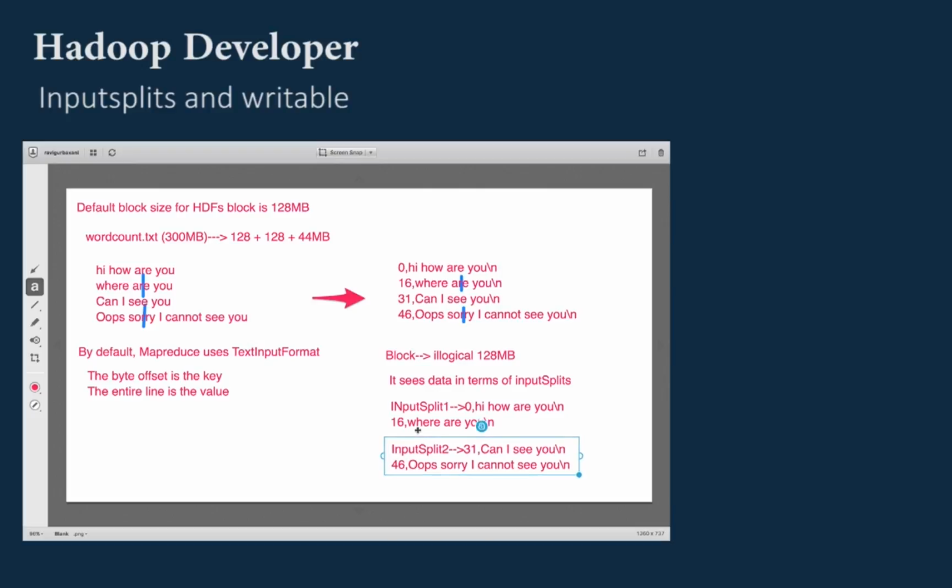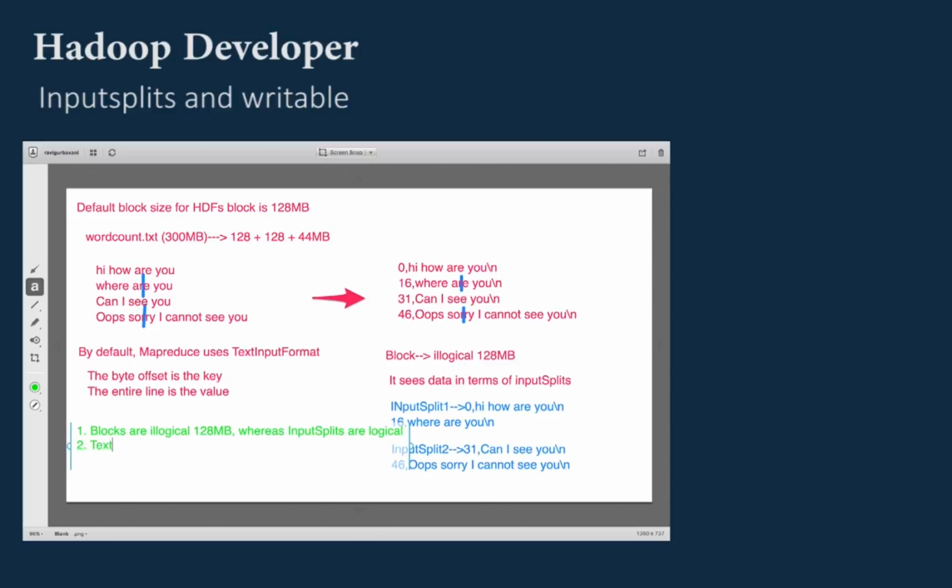So the point here is input split 1 will be the first logical end, and input split 2 will have the second logical end. So the first point to be noted here is blocks are illogical 128 MB, whereas input splits are logical.